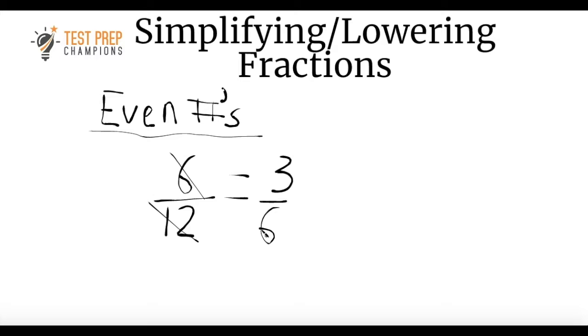Okay, and so we've got to reduce this even further because we can divide both the top and the bottom by 3. So 3 divided by 3 is 1. 6 divided by 3 is going to be 2, which gets us down to half. That's actually another trick which we're going to cover shortly in the video, but the point here is that for even numbers, you can always divide them by 2.